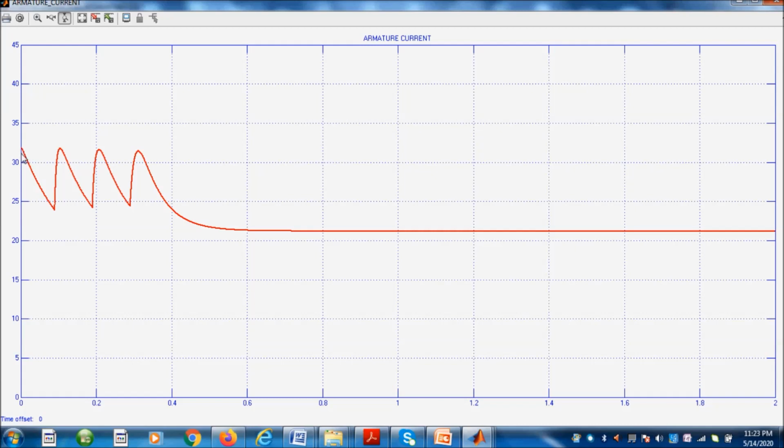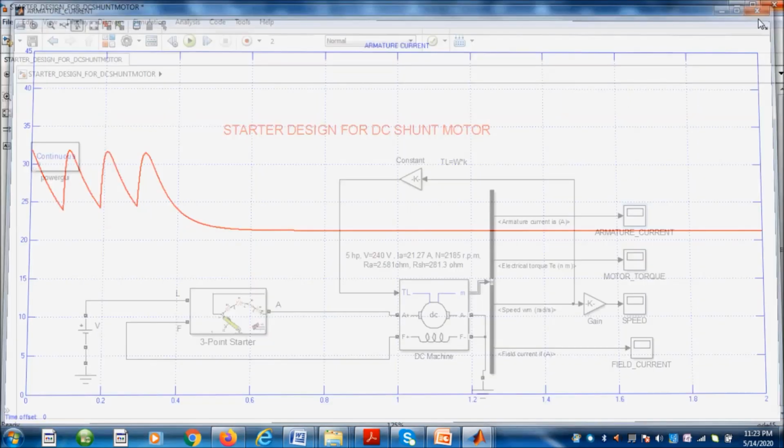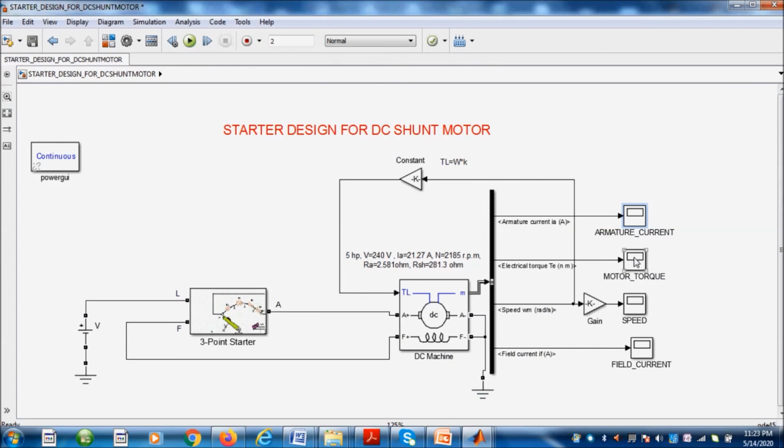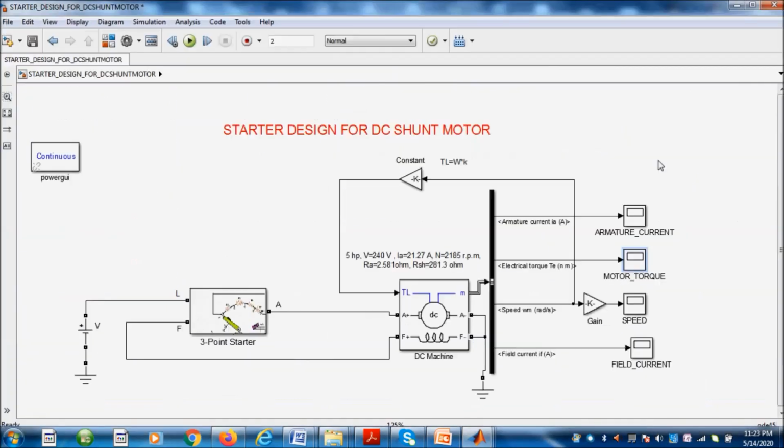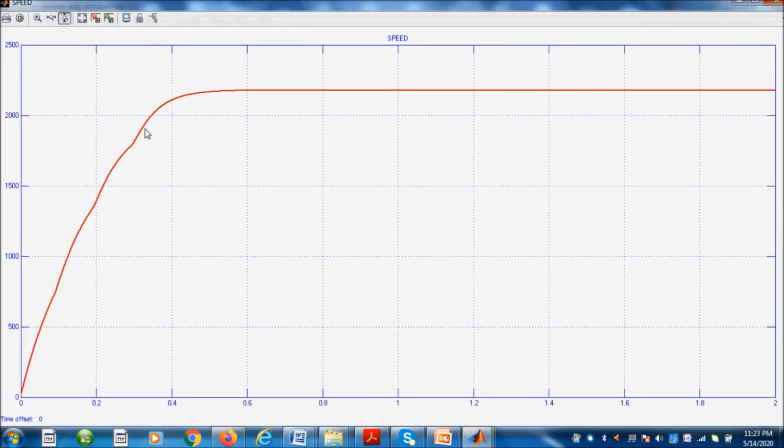So we will get 31.9 amperes. This is the rated armature current, that is 21.27 amperes. And this is the armature torque, because armature current and armature torque are proportional. This is the speed of the motor.